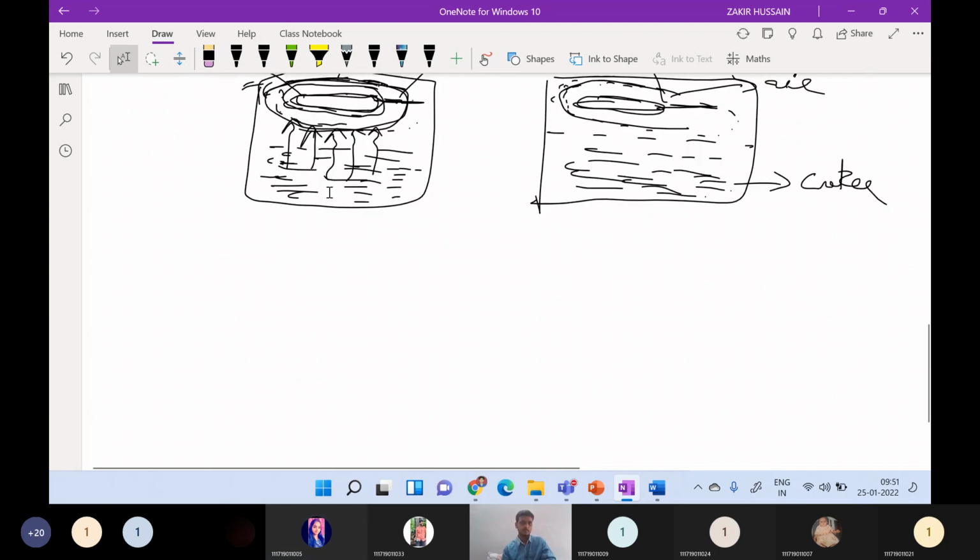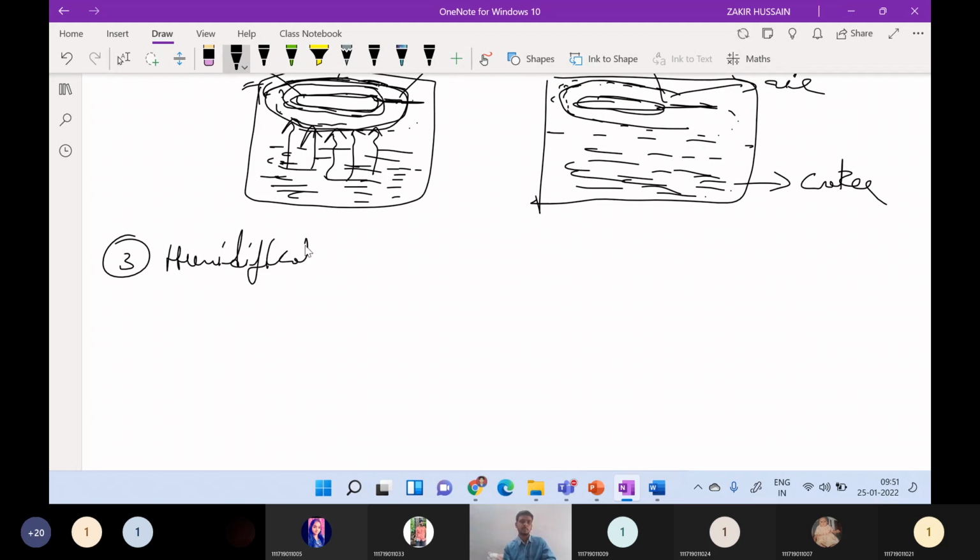Okay, the next definition, the third one, is humidification. What is humidification? Addition of water vapor to the surrounding air is called humidification.